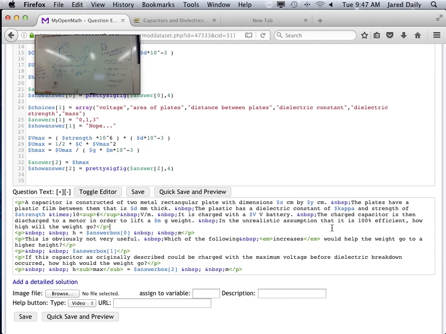I was thinking that they might have been thinking of the electric field between the plates, because if the electric field in the capacitor increases, that actually decreases the capacitance, but they're not talking about electric field, they're talking about dielectric strength.